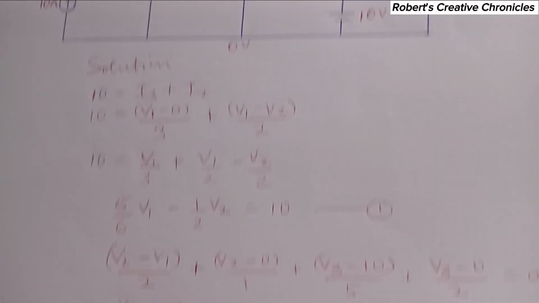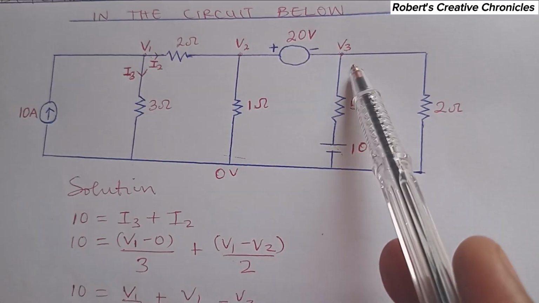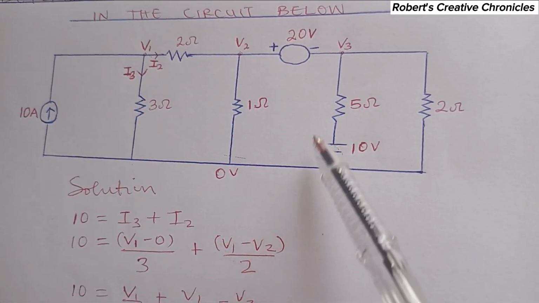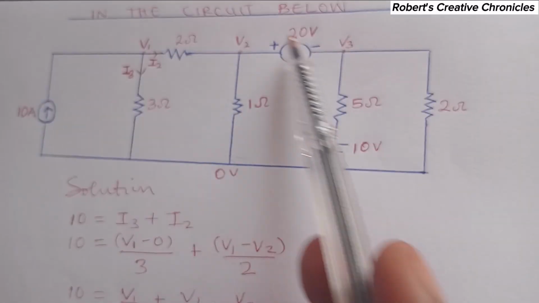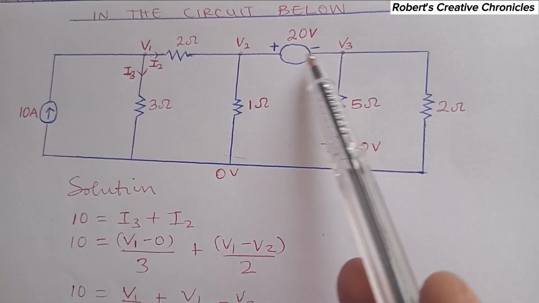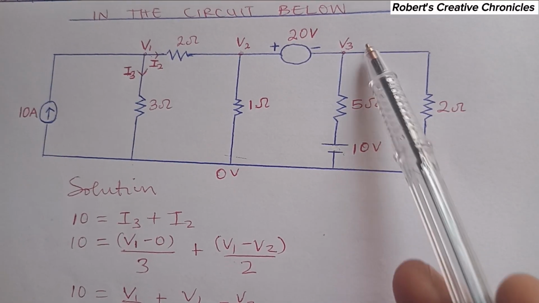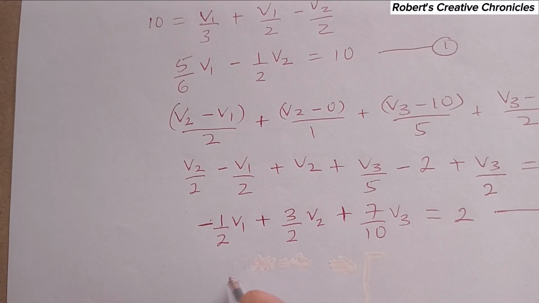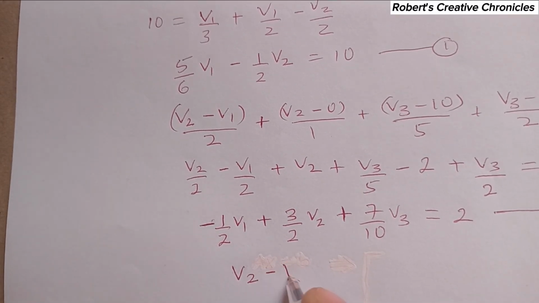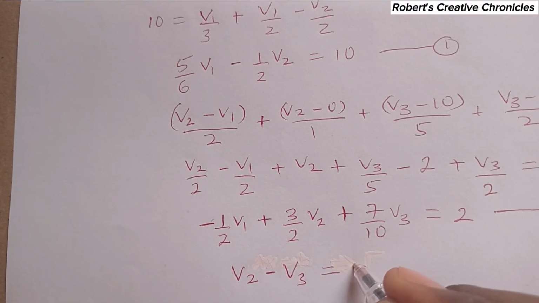Then to get the third equation, we will say V2 minus V3 equals 20 volts, because here is positive and here is negative. So here is at a higher potential and here is at a lower potential. So V2 minus V3 equals 20.